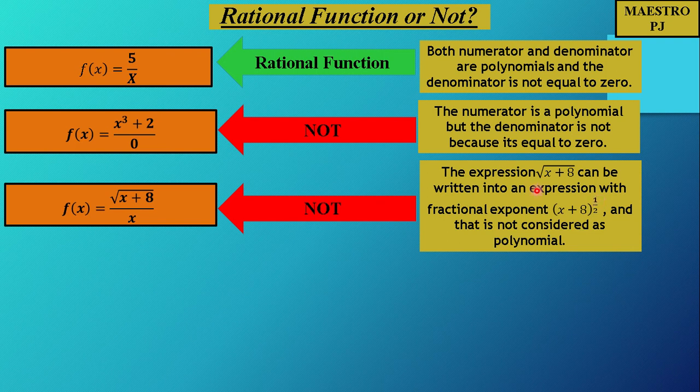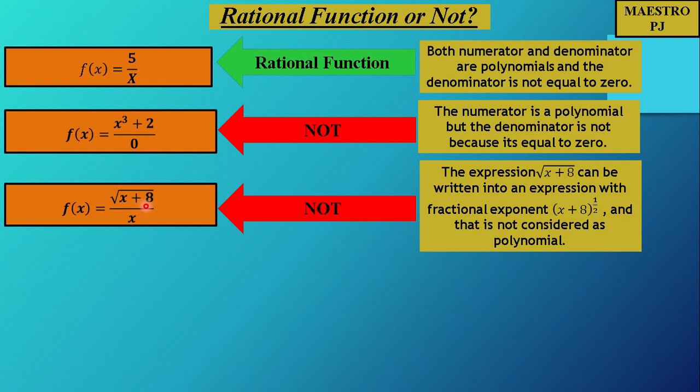So ganito po yung ginagawa natin para lang maintindihan nyo. In converting a radical, tinatawag natin tong radical expression. In converting radical expression into an expression with fractional exponent, ganito pong ginagawa natin. Yung radicand, itong x plus 8, tinatawag natin yung radicand.